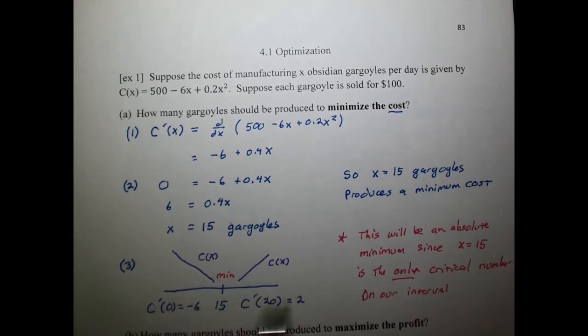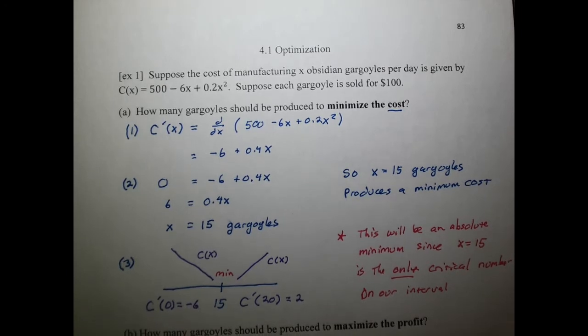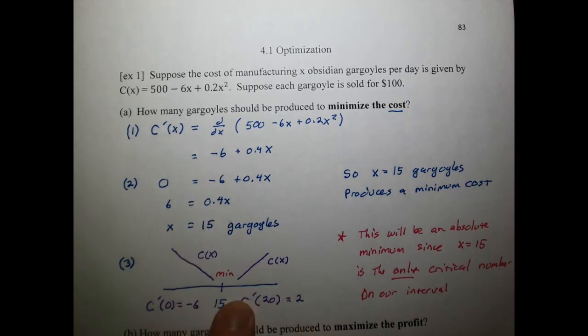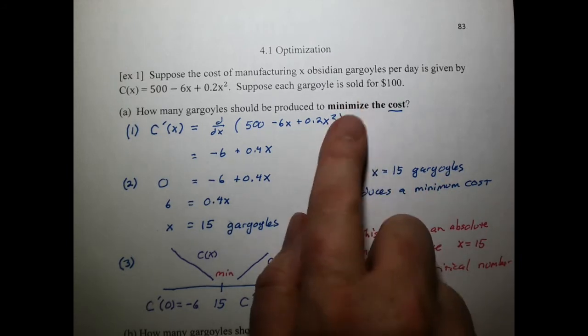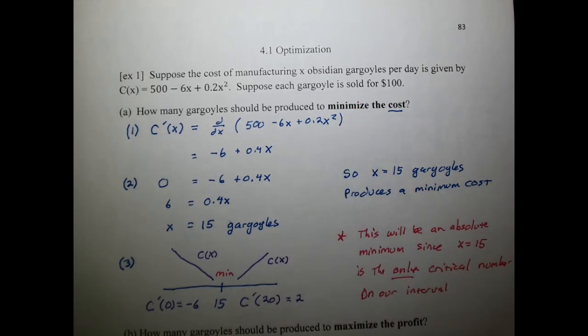So it's the only one that we're testing. All right, so we're simply using calculus to find the relative max and mins in order to figure out when this cost should be minimized.